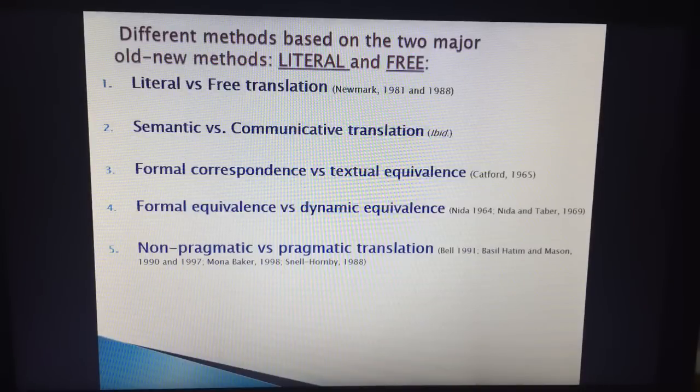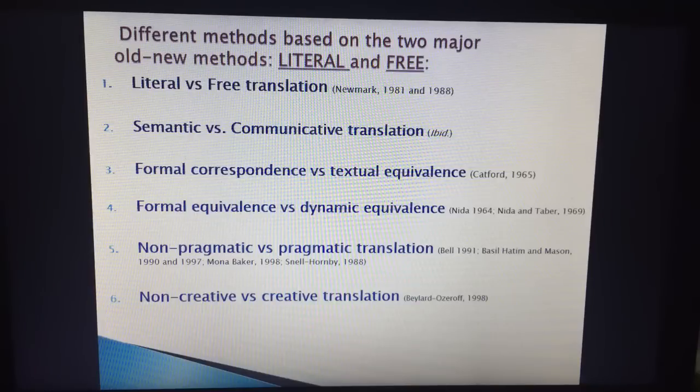That's a choice you can go for as a method. Known by Basil Hatim, 91, and Basil Hatim and Mason, 90 and 97, and Mona Baker, 98, and Snell-Hornby, 1988. Then you have non-creative with creative translation, by Bayer-Hohenwarter and Ozerov, in 1998.